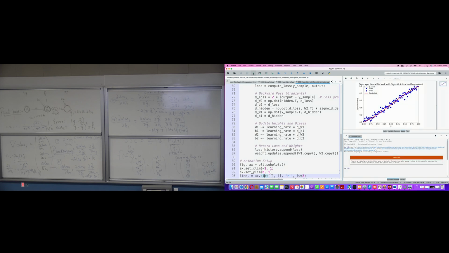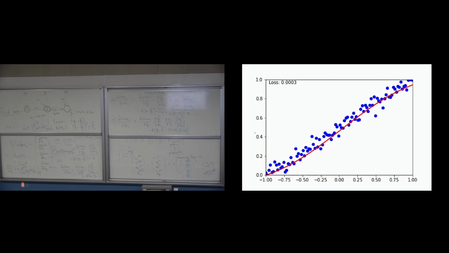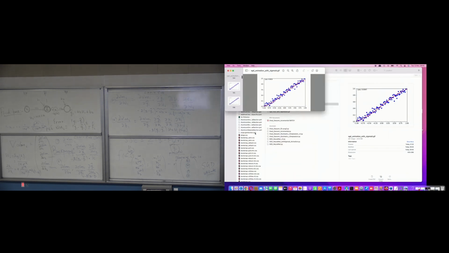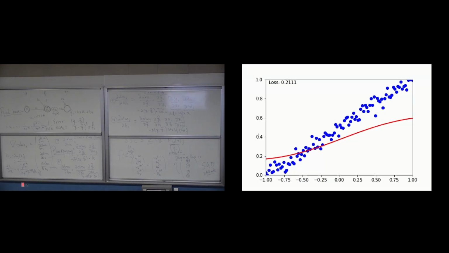So this is the final instance. Let me show you. So here, the curve of best fit began with random weights, and because we're using a sigmoid function, this is the shape of the sigmoid output.